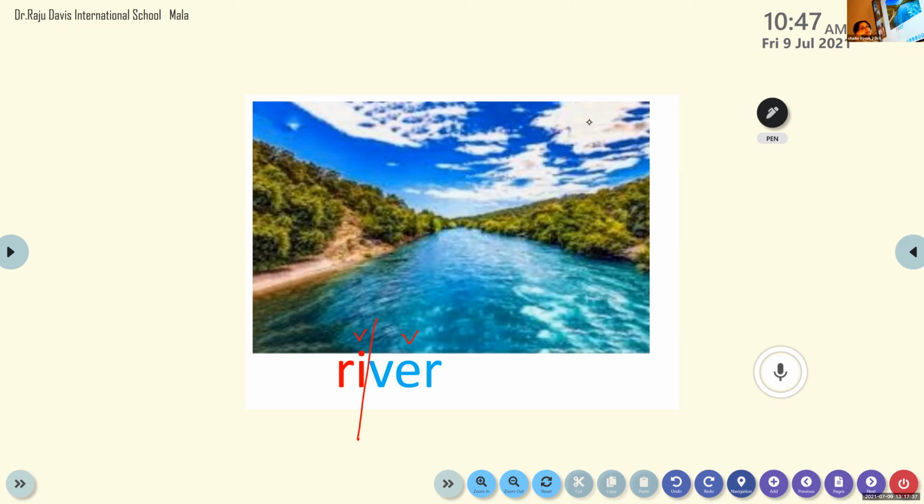As we learn the spelling of the word, we break it down into 2 syllables. Re. Is it not easy to learn the spellings, children? So this is the way you learn the spelling. It helps you to learn the spelling quite easily. River. Is that clear? I hope it's clear.